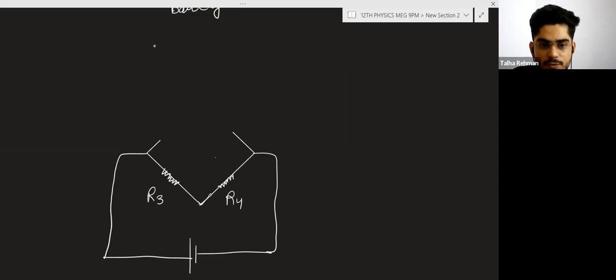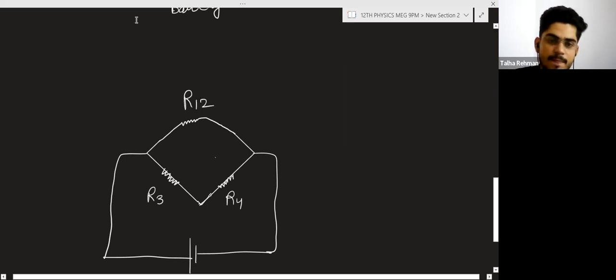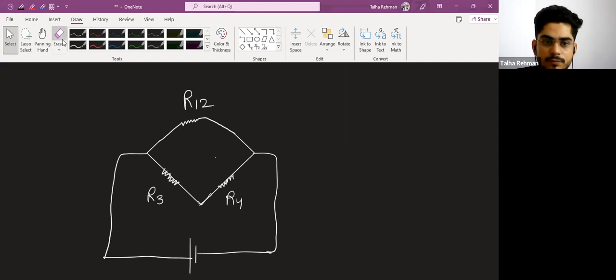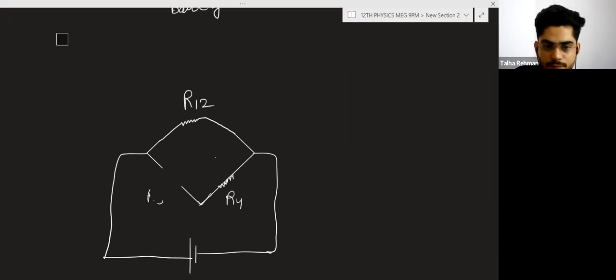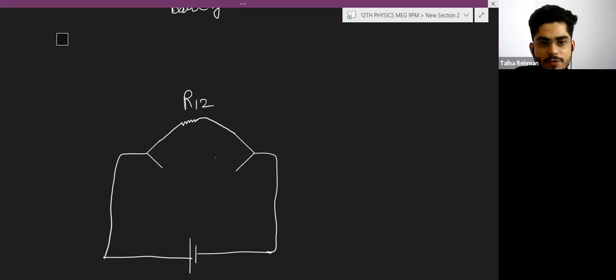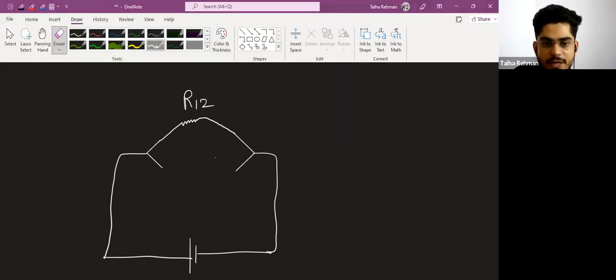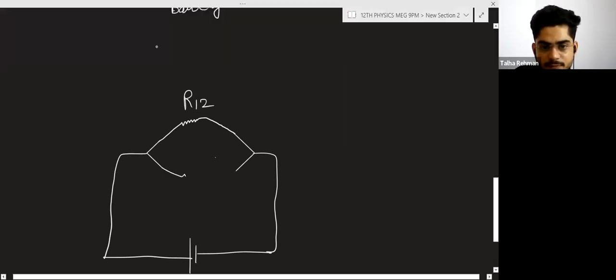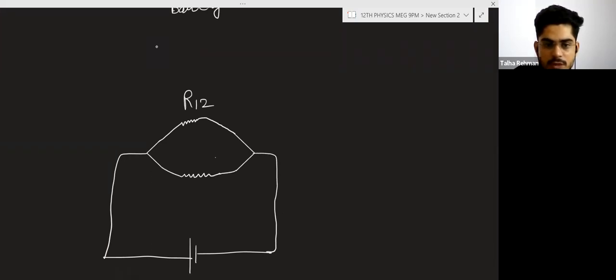We connect this R12 here, and instead of that, we connect R34 here.